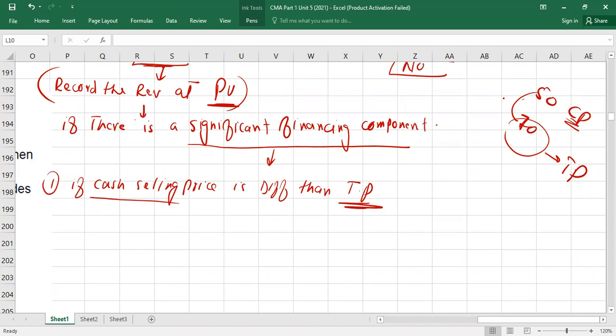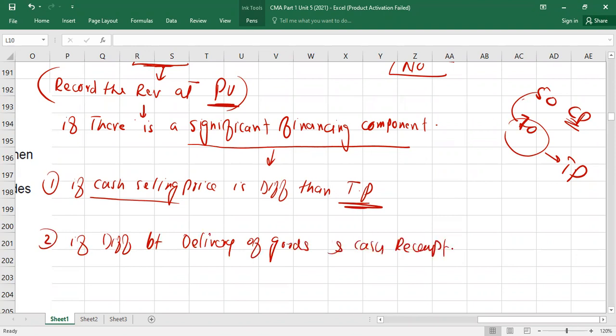Point number 2, which will indicate there is a financing component. Please let me write. If difference between delivery of goods and cash receipts, cash means cash payments, you can say, is more than, writing shortcut, more than 1 year.